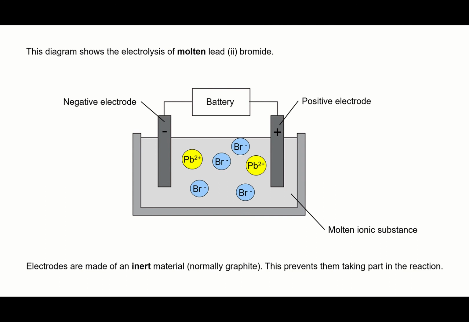The electrodes are normally made of an inert material, and that would normally be graphite. Okay, it could be platinum, but platinum's very expensive. And this just prevents them taking part in the reaction. So we don't need to worry about the electrodes breaking down or reacting with anything during this experiment.